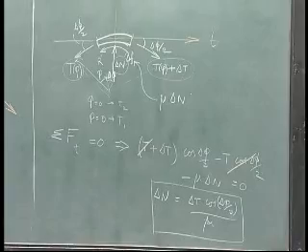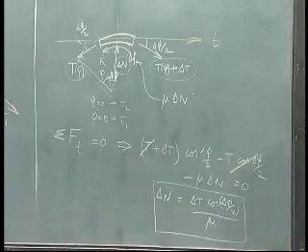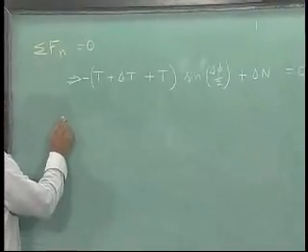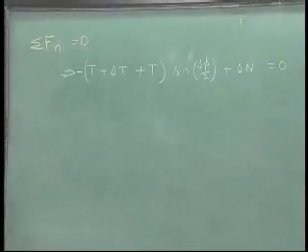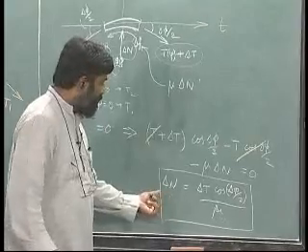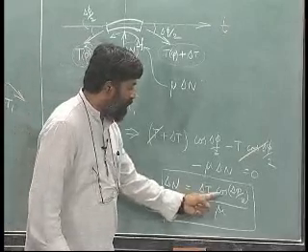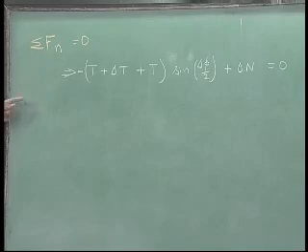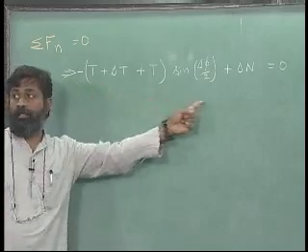Now, we can simplify this, but before simplifying, what did we get as a result over here? We had delta n equals delta T cos delta phi by 2 by mu. I am going to substitute delta n in this equation.